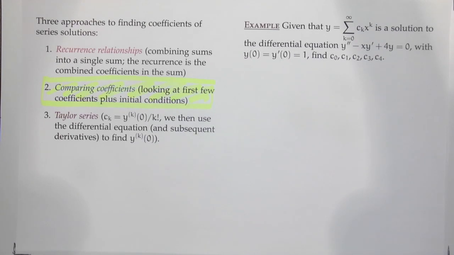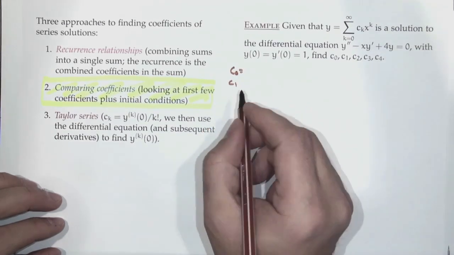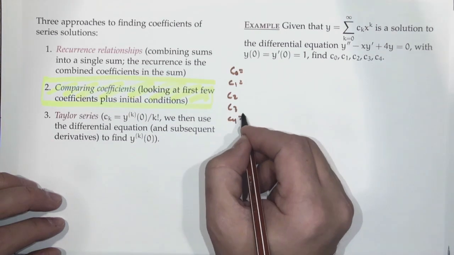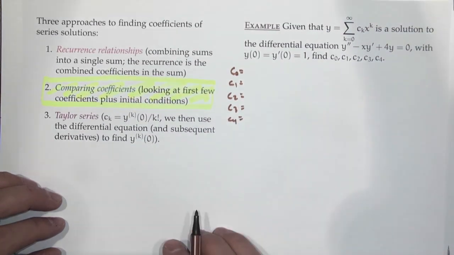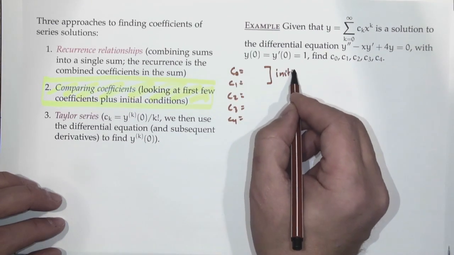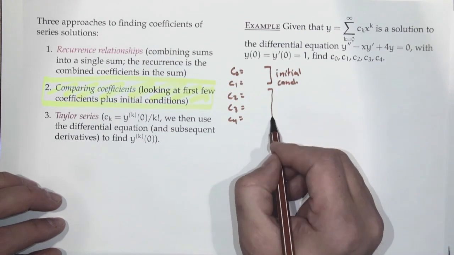Now there's a question: how many coefficients do you need? We have defined C0, C1, C2, C3, C4. How many of these are freebies? Two of them, right? These are initial conditions, and they haven't changed since the last problem because it's the same problem. That means we have three more to find.